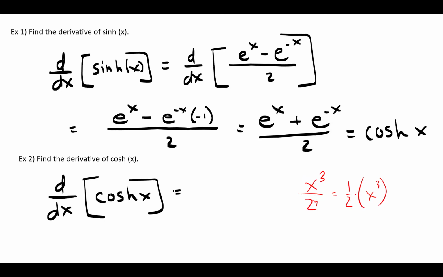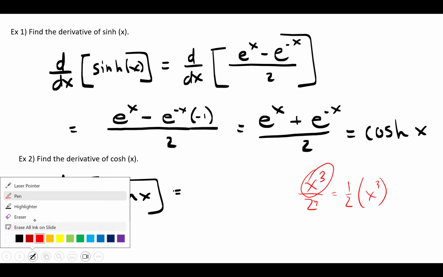So we can leave it out front. Whenever we take a derivative of x cubed over 2, we don't care about the 2. We just take the derivative of that, so the 2, because it's a constant, does not affect anything for us.